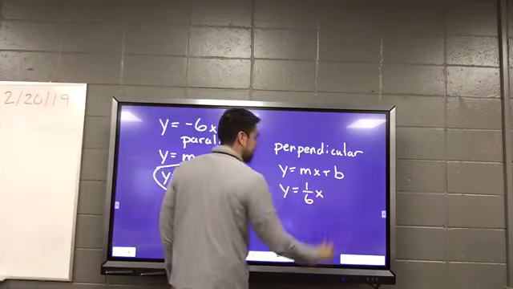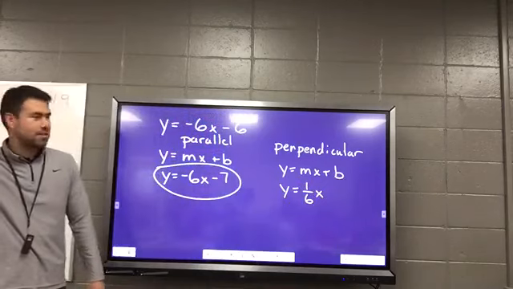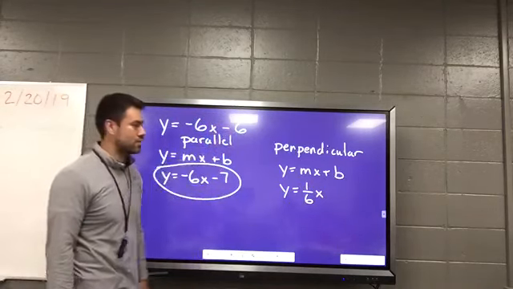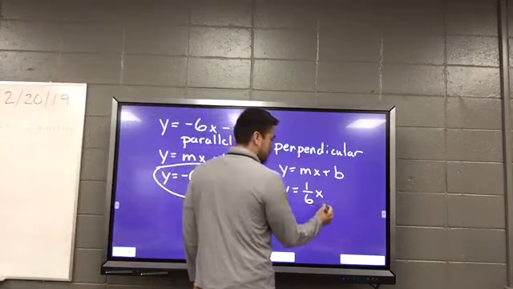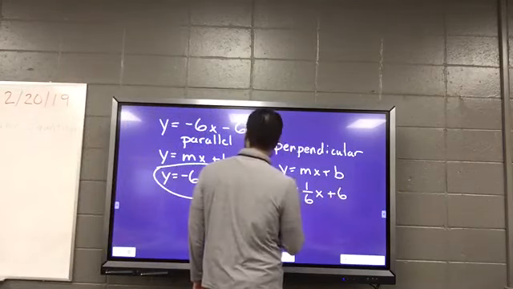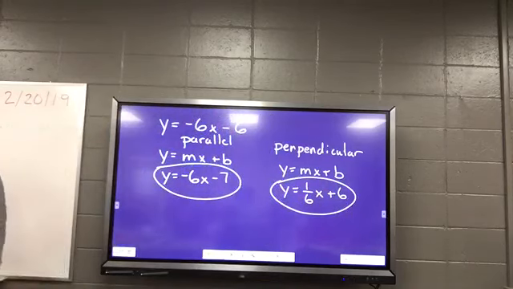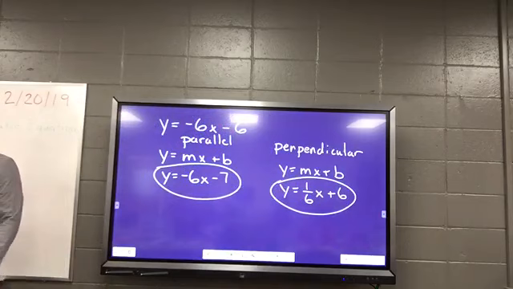Yep, y equals positive 1/6 x. Throw out a y-intercept that technically could be the same as that one, but throw out something else. It could be +6. Good. Done. That's what I wanted. Do you understand what they're asking you for in that? Okay. And you will have a few problems like that, so enjoy those.